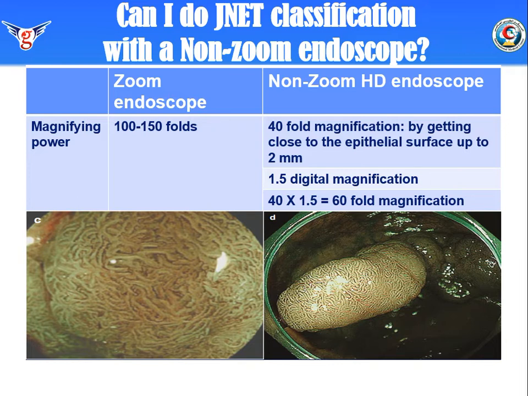And with the non-magnifying endoscope, we can reach about 60-fold magnification by getting close to the epithelial surface, up to 2 mm distance, which gives us an optical magnification of about 40 fold. In combination with the 1.5 times digital zoom, we can achieve about 60-fold magnification of the lesion, which is pretty enough. Therefore, the answer is yes. We can do those classifications with non-zoom HD colonoscopes.